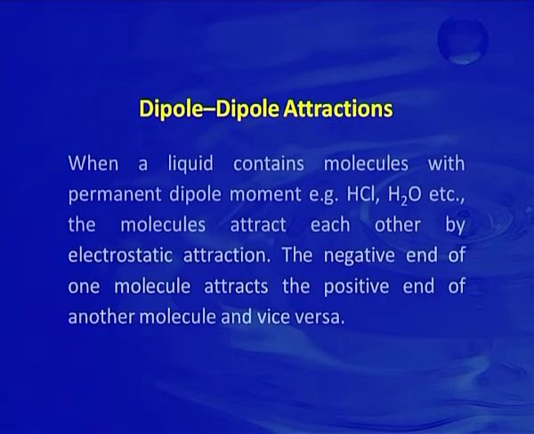When a liquid contains molecules with a permanent dipole moment, for example HCl, H2O, etc., the molecules attract each other by electrostatic attraction. The negative end of one molecule attracts the positive end of another molecule and vice versa.